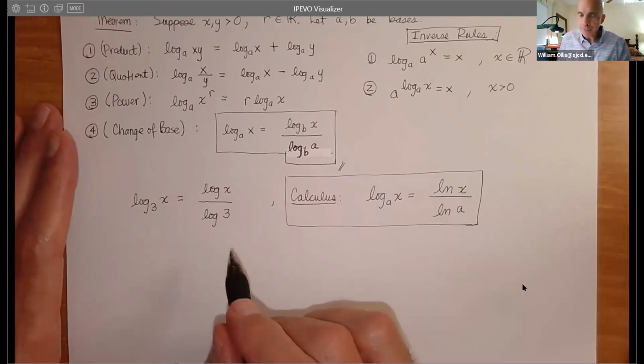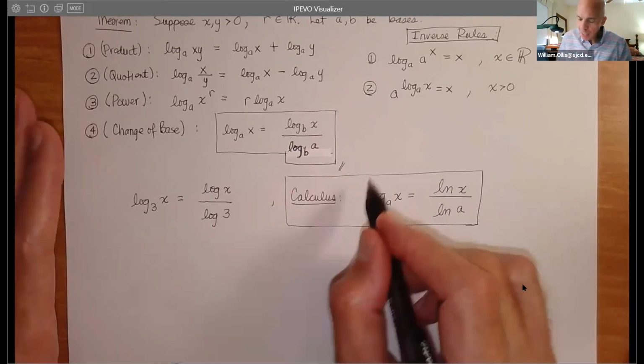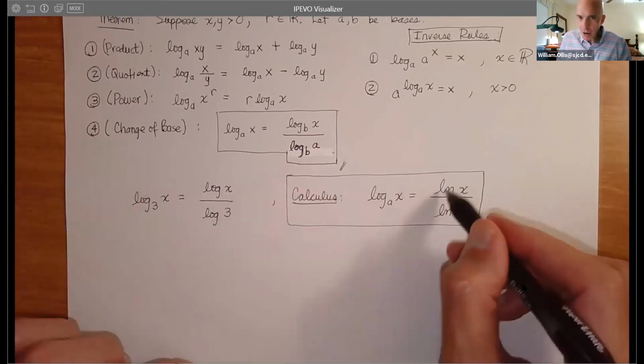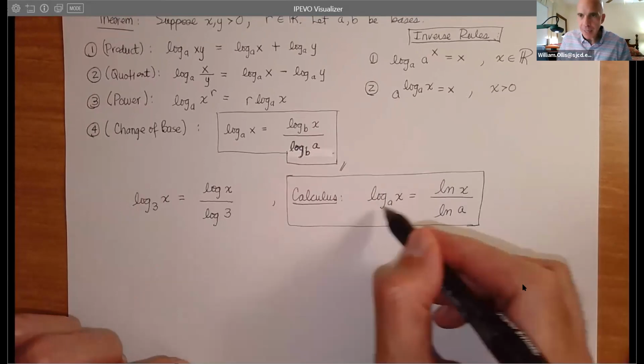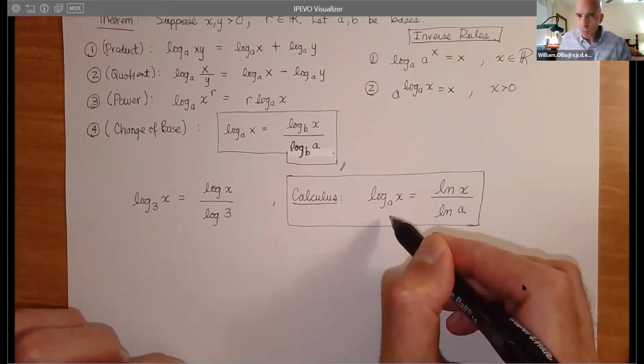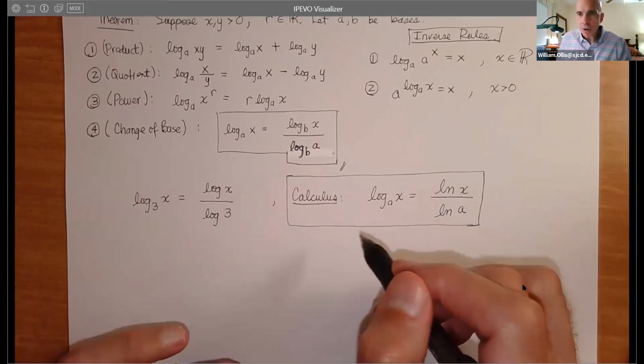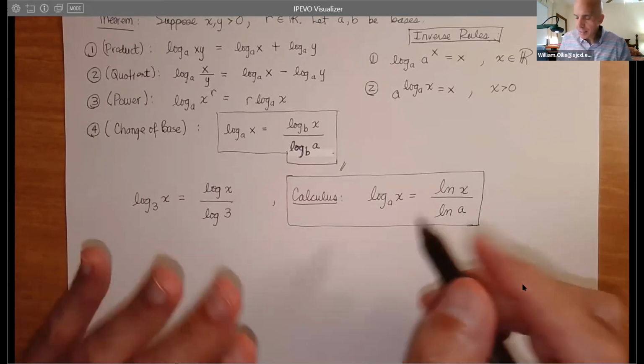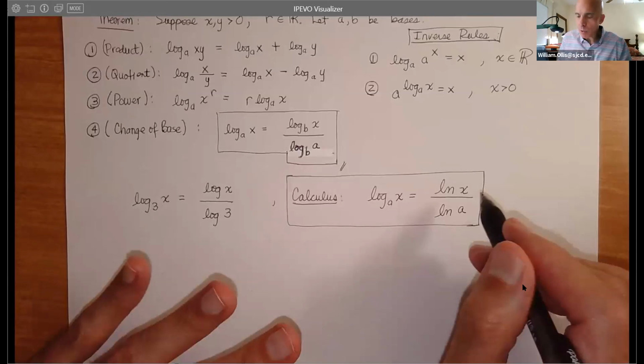So again, this is the key that transfers the calculus of the natural log to any base. And so we automatically get the calculus for our base 10, our common logs. We automatically get the calculus for any base that we want to use.